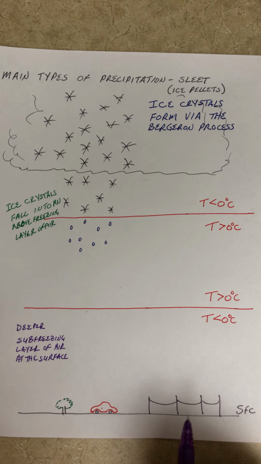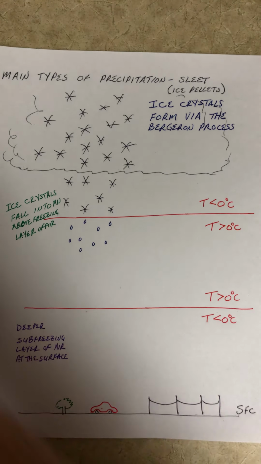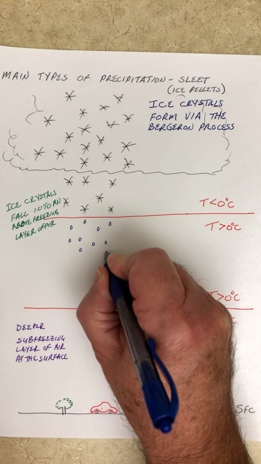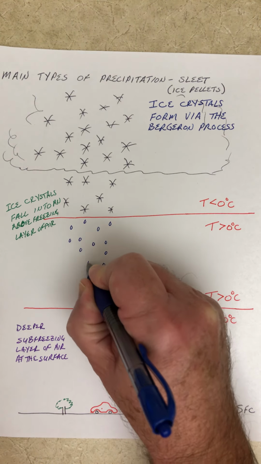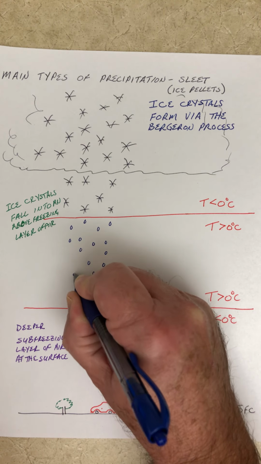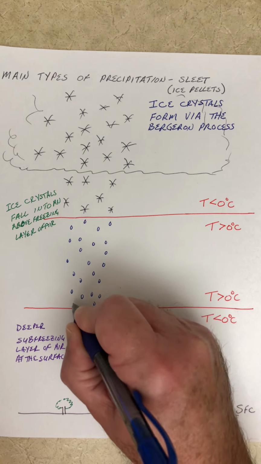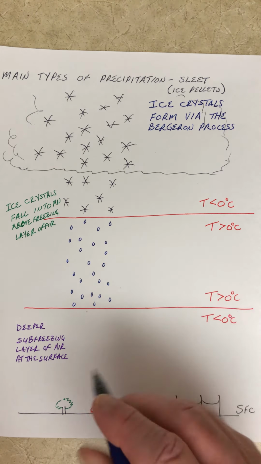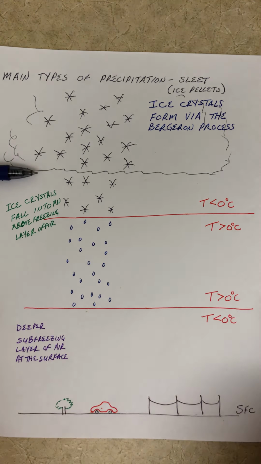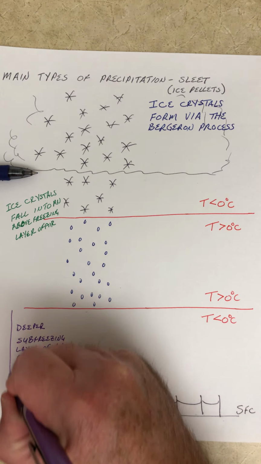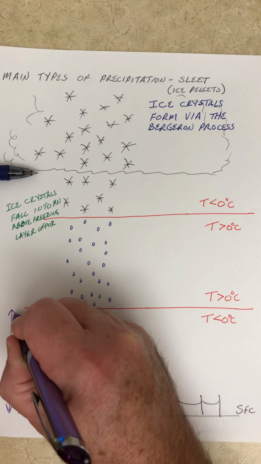Okay. And so the key here, the big difference here is that as these raindrops fall through the sky and they enter this sub-freezing layer of air, now this is a much deeper sub-freezing layer of air than we had with freezing rain.